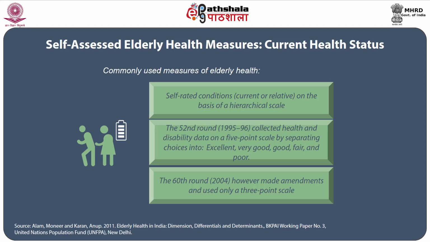Similarly, the 52nd round conducted in 1995-96 collected health and disability data on a 5-point scale by separating choices like excellent, very good, good, fair and poor. In the case of the 60th round of NSS conducted in 2004, however, they made several amendments and used only a 3-point scale. These are some of the important aspects we need to know, that is, how health status has been measured by various sources of surveys that are conducted.